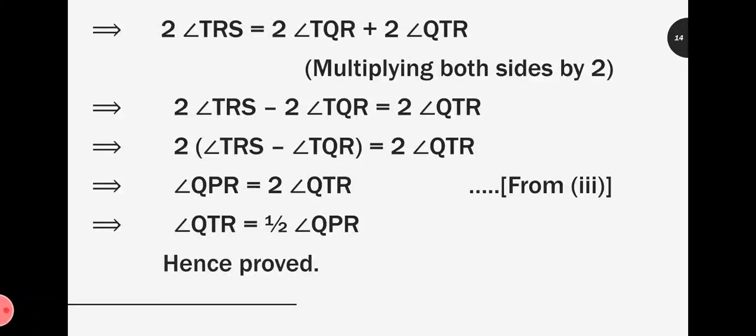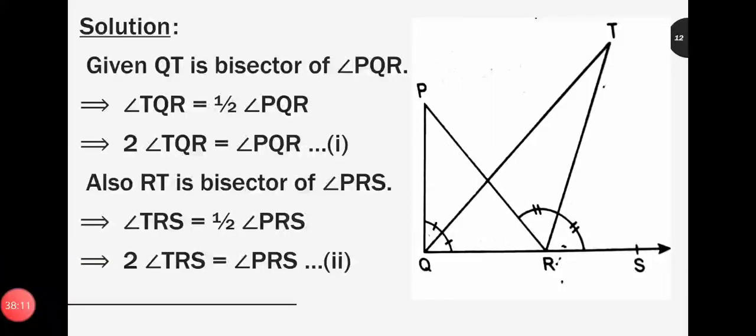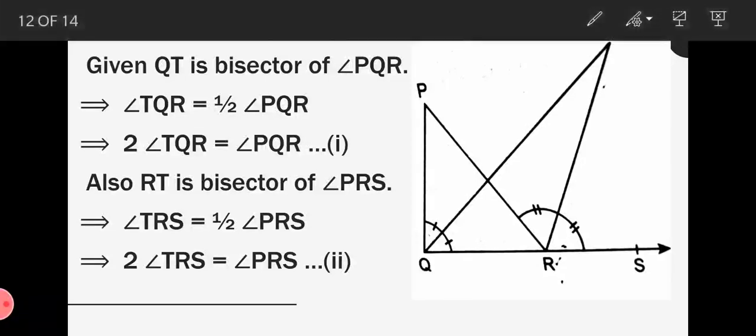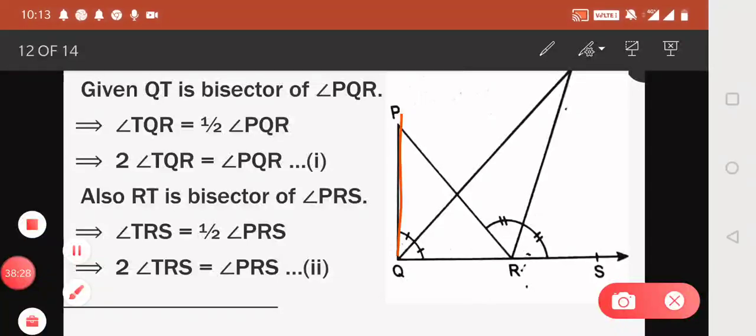Hence proved. Again, let's understand this question once more, because this is a proof question which needs 2-3 repetitions to be understood. A brief revision in our figure. To prove our question, we use the bisector of angle PQR. This is your angle PQR.